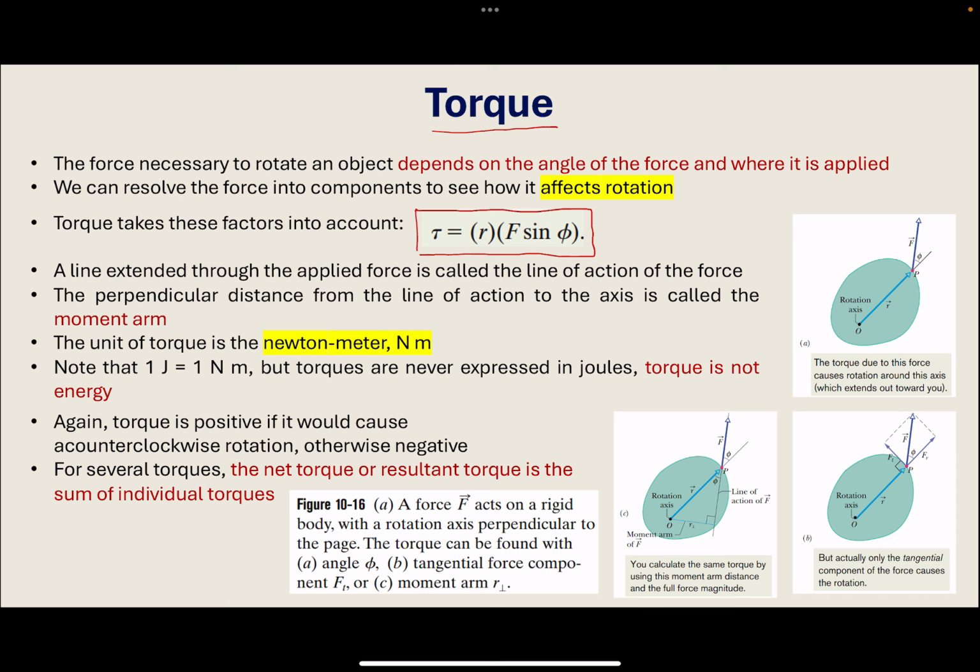If the force is applied perpendicular to the lever arm, the torque is maximum. If the force is applied along the arm, or parallel, the torque is zero.